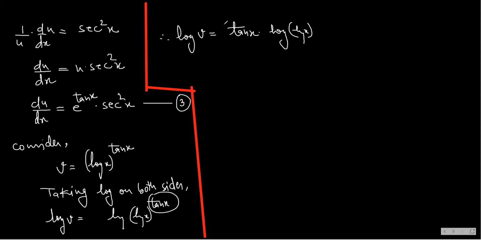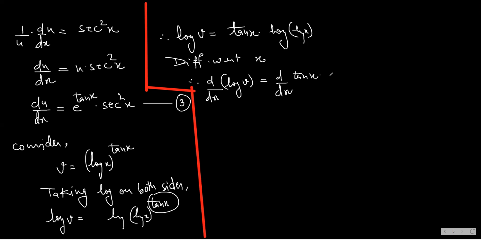Why? Because I notice that there is no variable raised to variable; instead, it is the product rule. So this is d by dx of log v equals d by dx of tan x into log of log x.